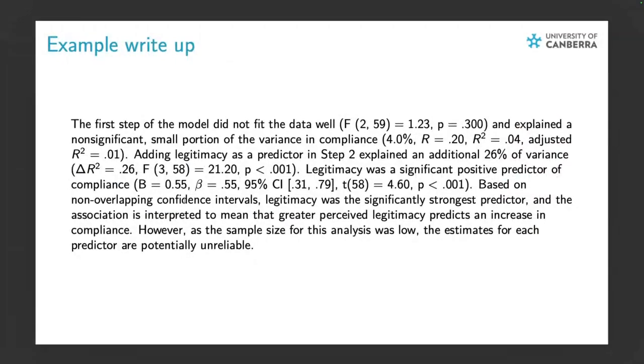Legitimacy was a significant positive predictor of compliance based on non-overlapping confidence intervals, as Rochelle said. Legitimacy was the significantly strongest predictor, and the association is interpreted to mean that the greater perceived legitimacy predicts an increase in compliance. However, and we're coming back to the sample size assumption not being met, as the sample size for this analysis was low, the estimates for each predictor are potentially unreliable.